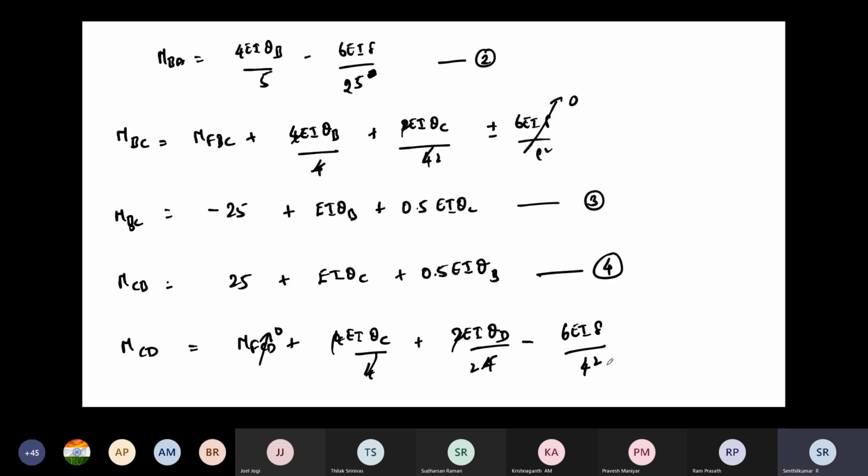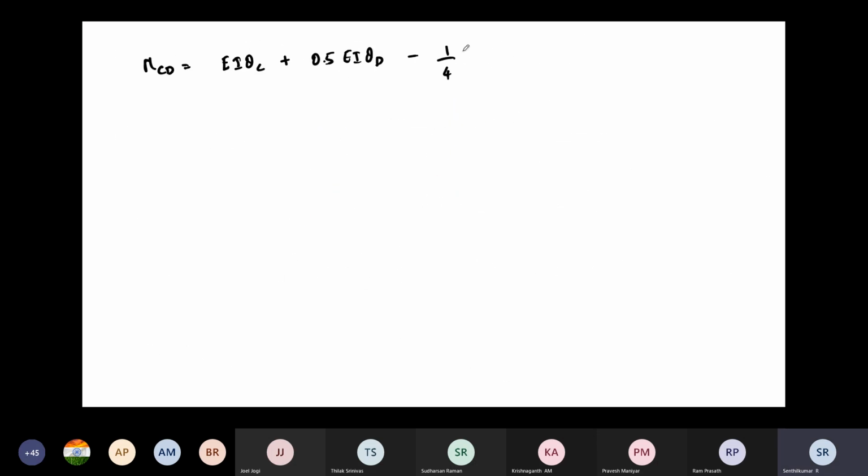Sorry, not 1 by 4, this is 6 by 16 EA delta. So I can write 3 by 8. So MCD will be equal to EA theta C plus 0.5 EA theta D minus 3 by 8 EA delta.